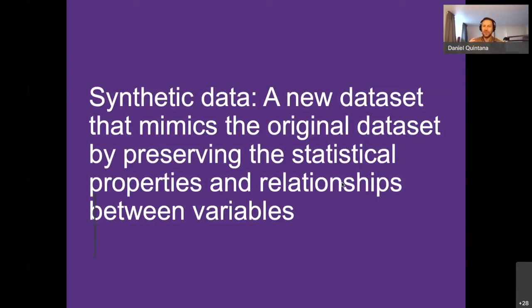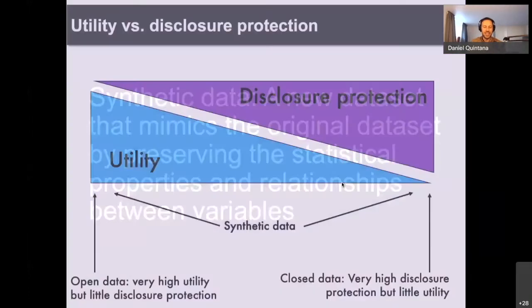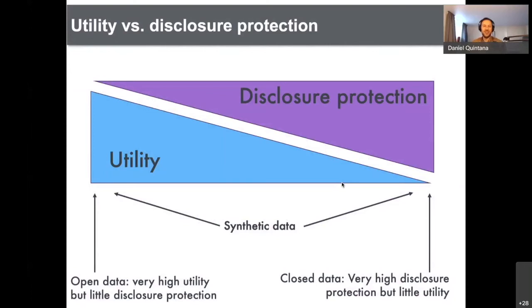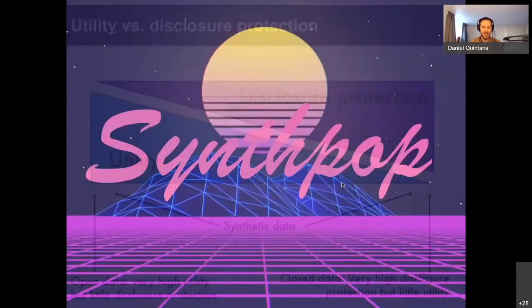But at the same time, not a single person can actually be identified. So you're getting the best of both worlds. You're getting data which is high utility. Other people can use it, other people can verify your analysis with that. But you've also got very high disclosure protection, and it's almost impossible for people to identify participants based on the data that's there.